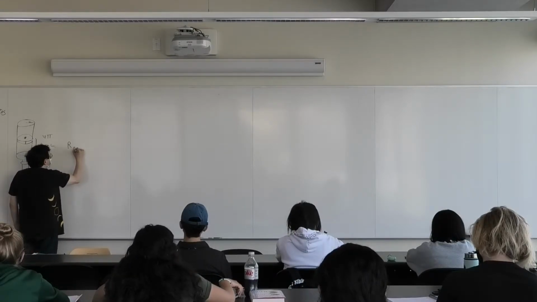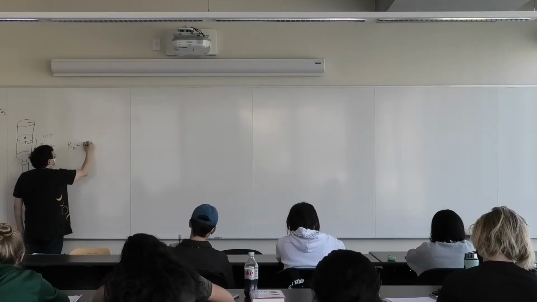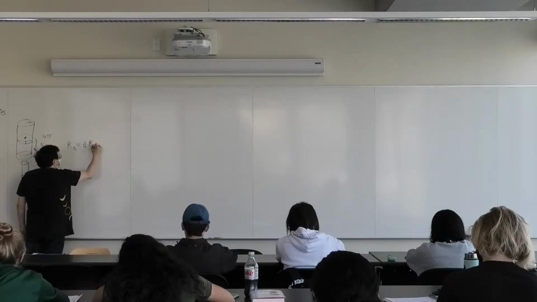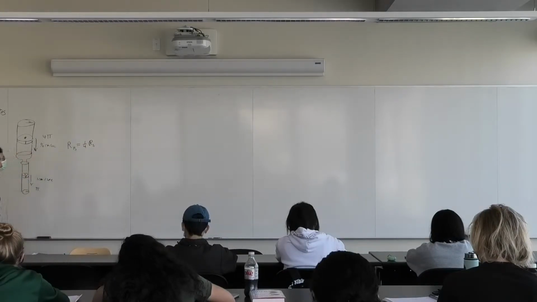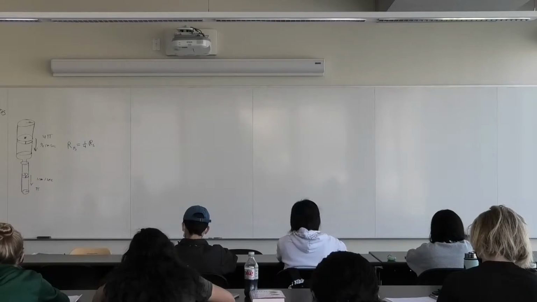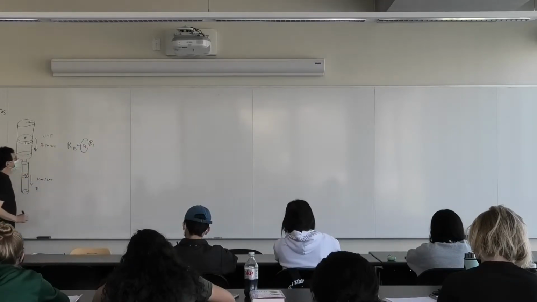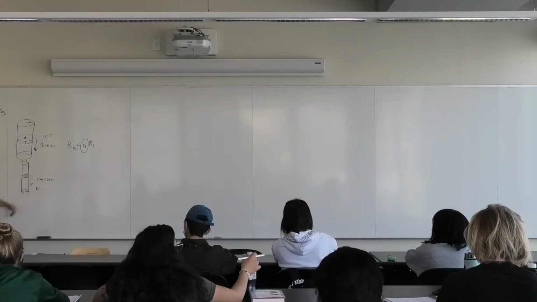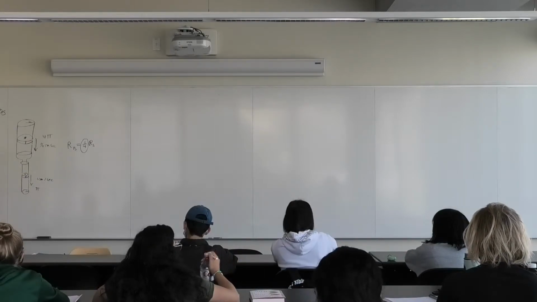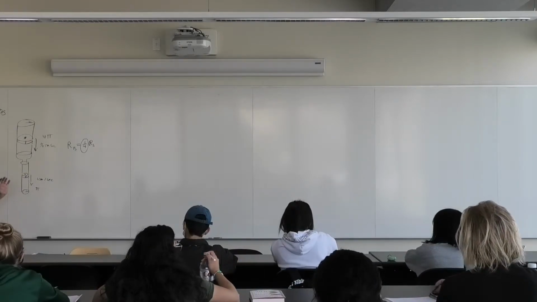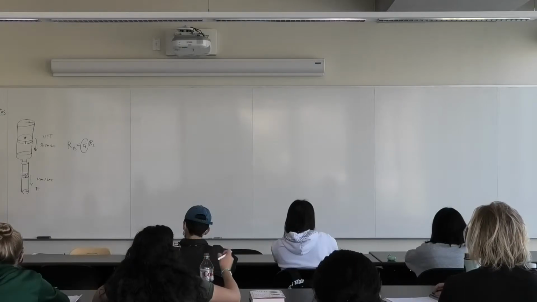Rate big pipe is equal to what? 1/4 rate small pipe. And we get that 1/4 by looking at the areas. We know everything else is the same. Right? Now, I'm not going to answer this question yet.